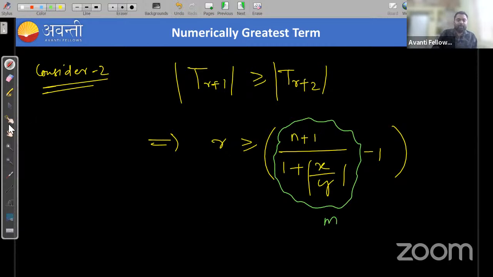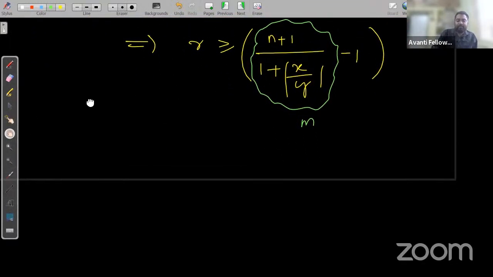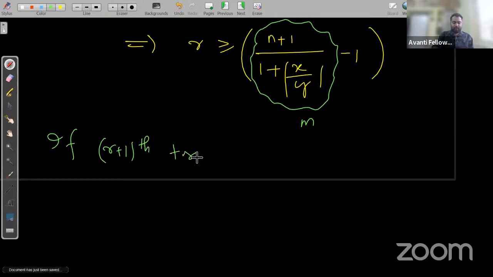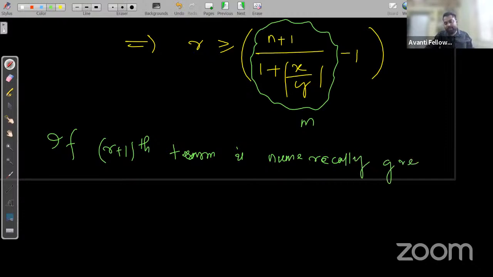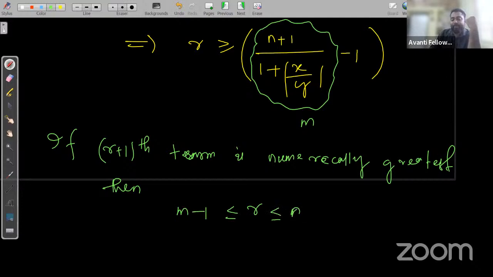Okay, so now we can generalize here. We can conclude here, if the r plus 1th term is numerically greatest, then r must be greater than or equal to m minus 1 and less than or equal to m.